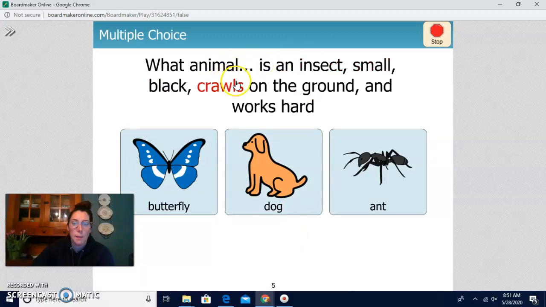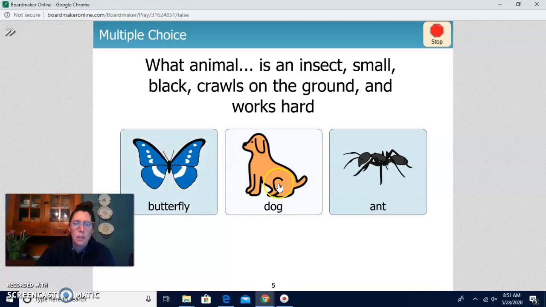All right, this is going to be the last one, okay? What animal is an insect? It's small, black, and it crawls on the ground. And it says it works hard too, which it does. So we're going to look for the word small and black. Is a butterfly small? Yeah. Is it black?